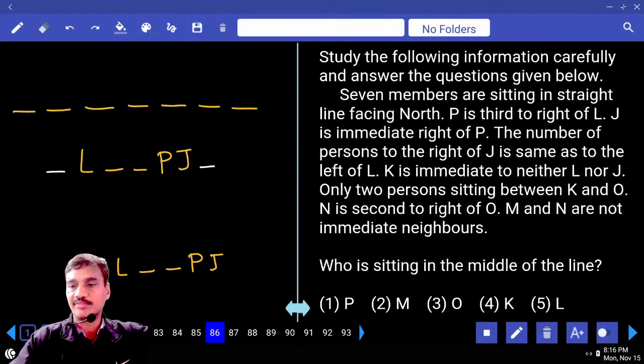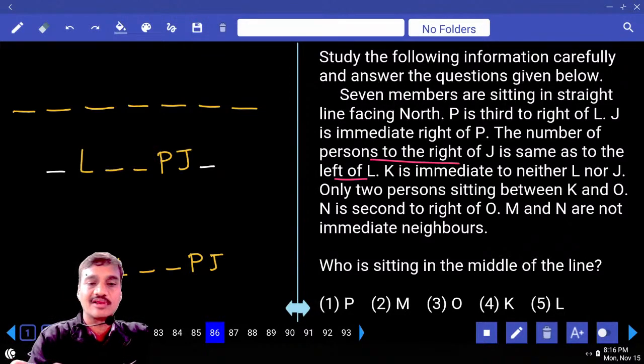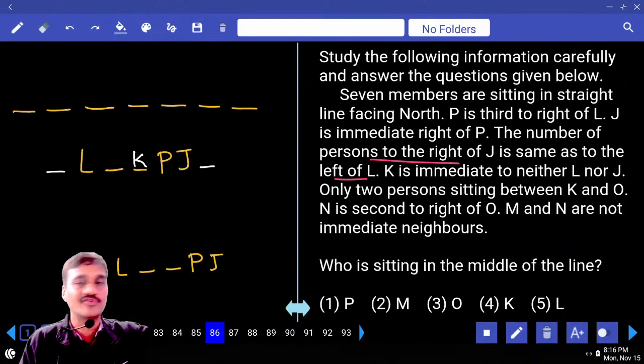And the number of persons to the right of J is same as that of left of L. K is to the immediate neighbor of neither L nor J. K అనేవాడు Jకి కానీ Lకి కానీ పక్కన లేదంటే K must be to the immediate left of P.